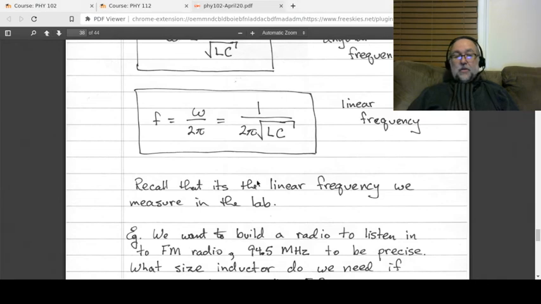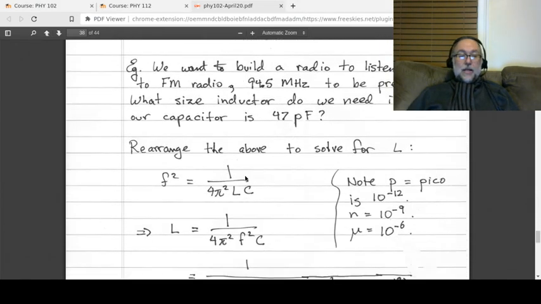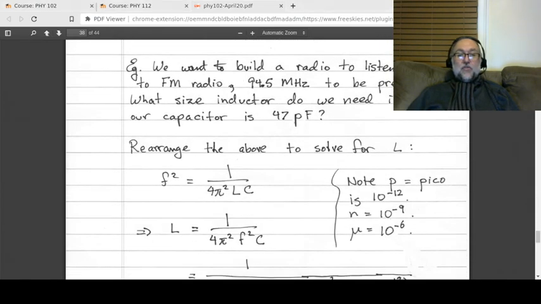We want to solve for L. So if we take that equation and we square it, we get that f squared is equal to 1 over 4 pi squared L C. That's to get rid of that square root. And then just rearrange it to isolate L on one side. So basically divide both sides by f squared, multiply both sides by L, and you get this equation here.